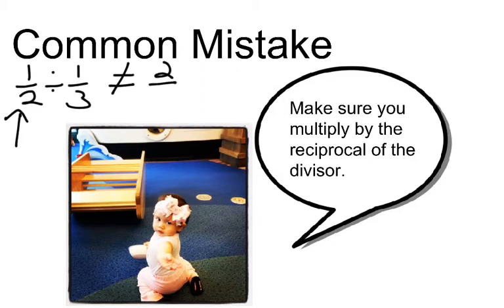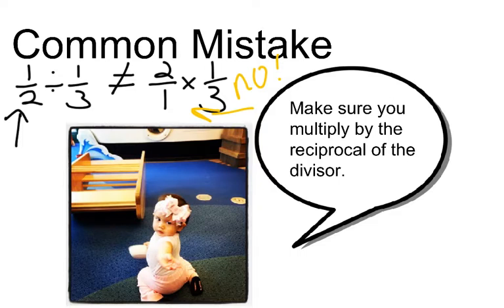So they'll say 2/1 times 1/3. And that will get you the wrong answer. In this case, it would give you 2/3 when the answer should be, as we saw in the previous lesson, 1 1/2. So that's a common mistake that you want to avoid. No, don't do it.